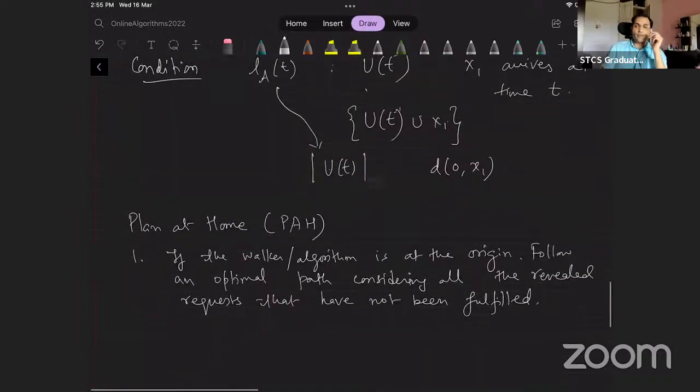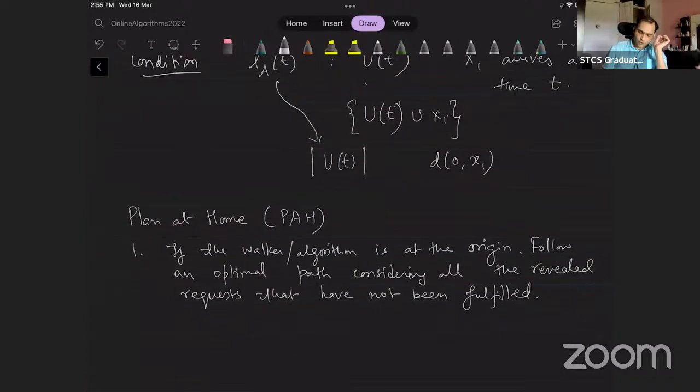So this is, if you go and hit an origin at any point of time, this is what you should do. Two. Now what happens if you are actually traveling on one of such paths?